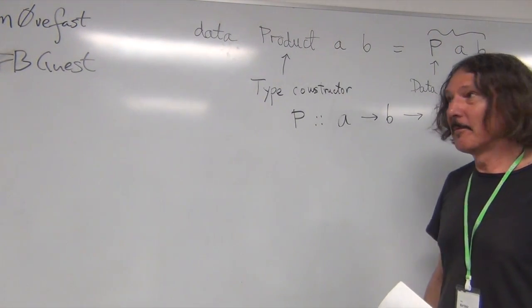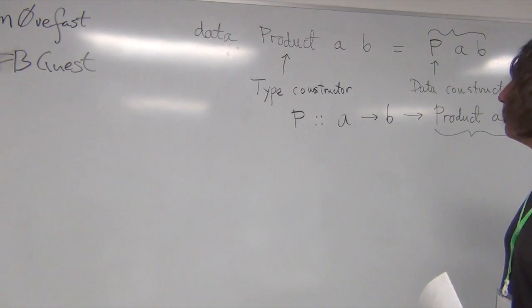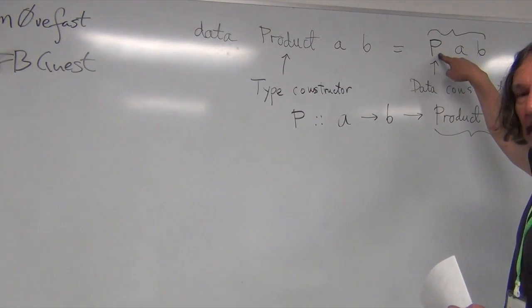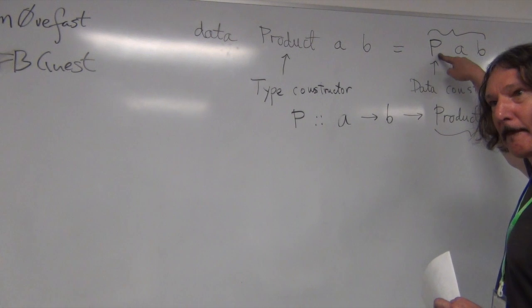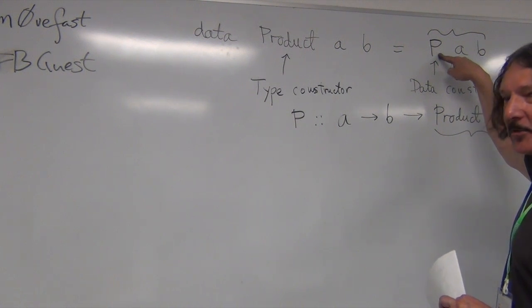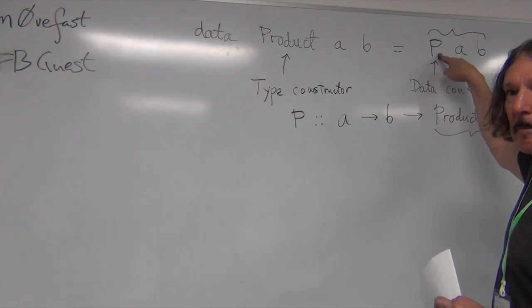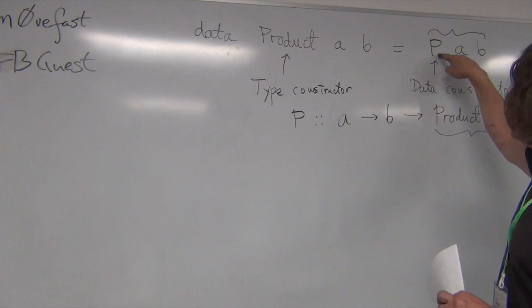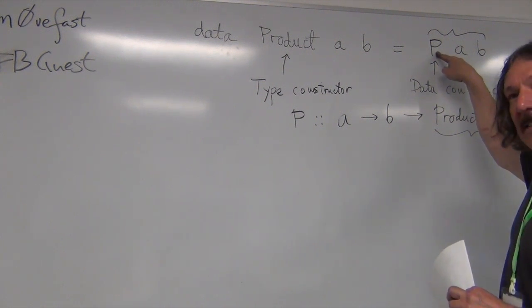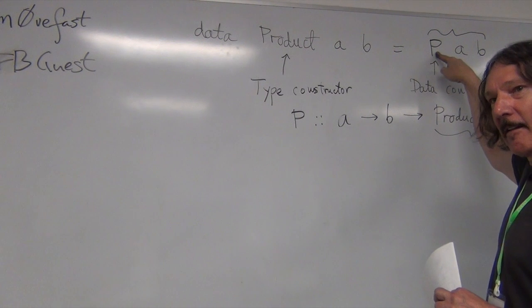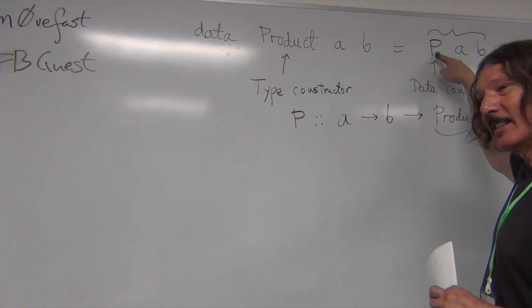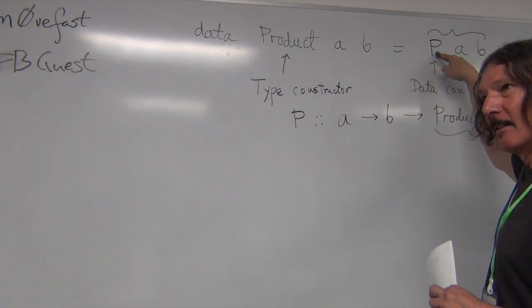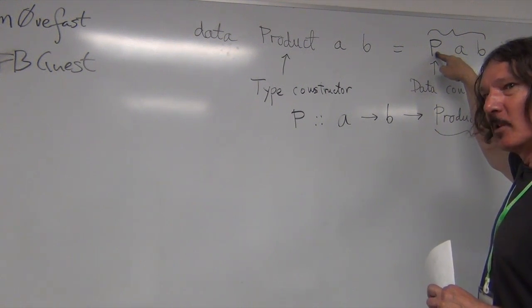And then the constructor on the right-hand side is also a data constructor. Sorry, I confuse them sometimes too. That is capitalized even though it is a function. Now, why is this capitalized? Because it's just like C++.